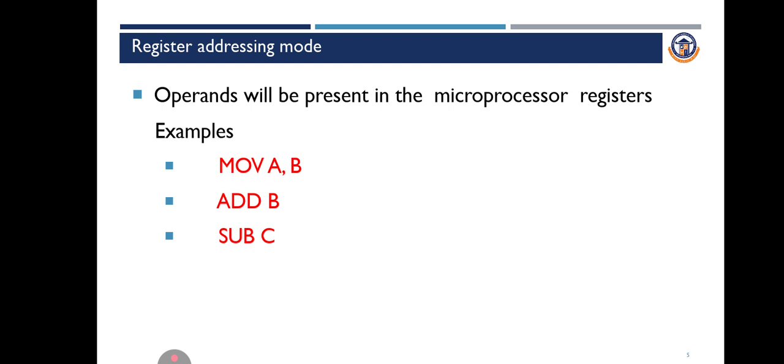Whereas in SUB C, once the instruction is executed, the output will be stored in A, that is A minus C. After executing this instruction, C will be subtracted from A, and the result will be stored in A.